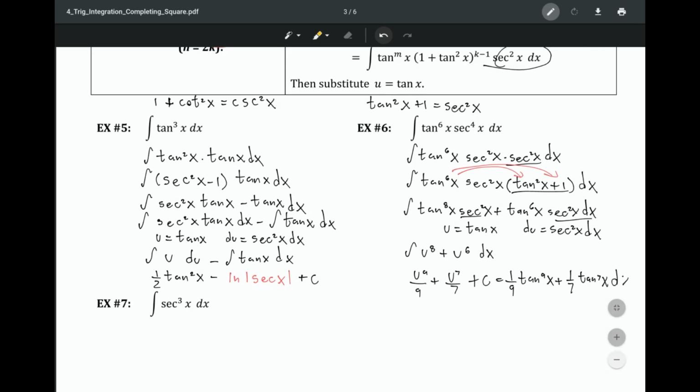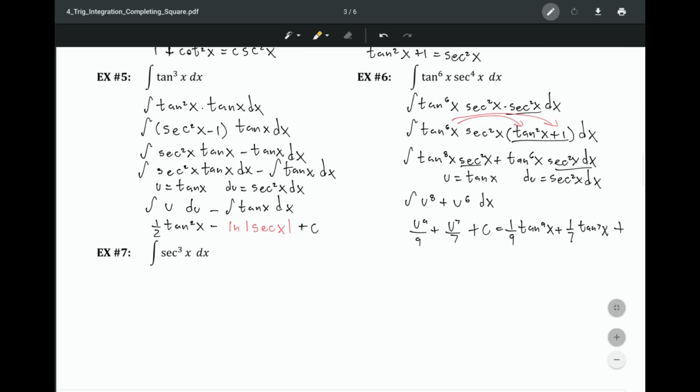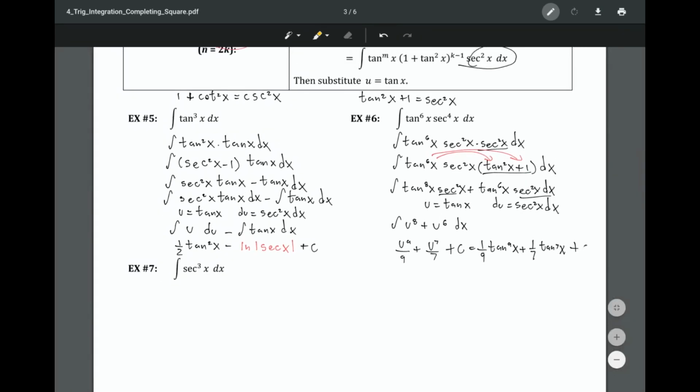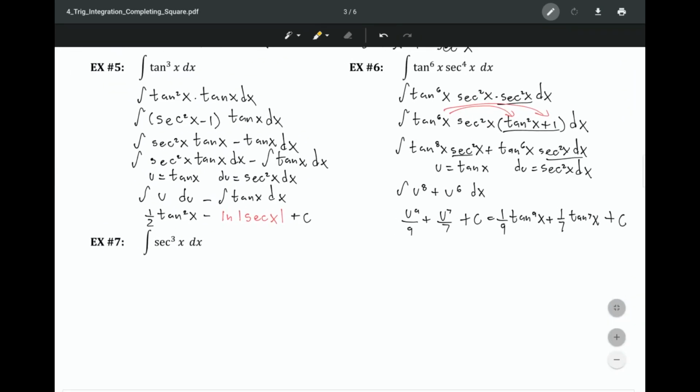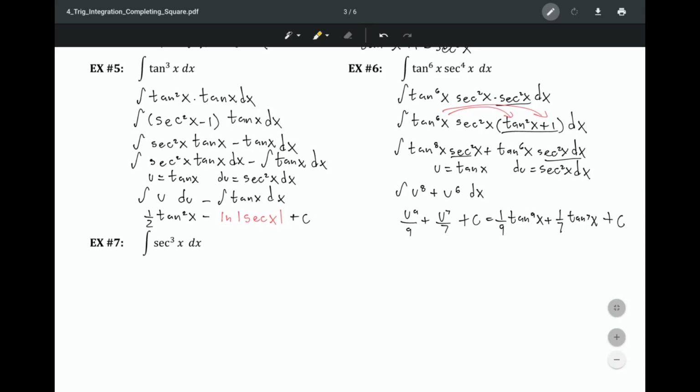Oh, what am I doing? I mean plus c. I let my mind wander. Whoop, I can't even write that c that close to it apparently. Okay. So there's the answer for that.